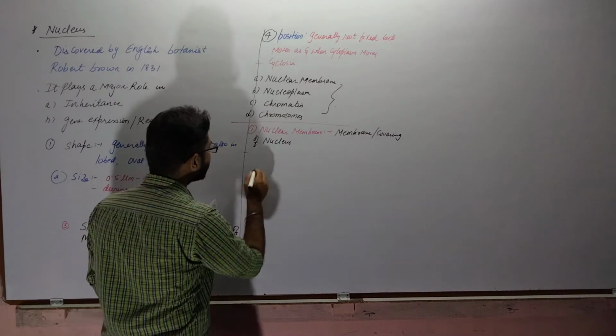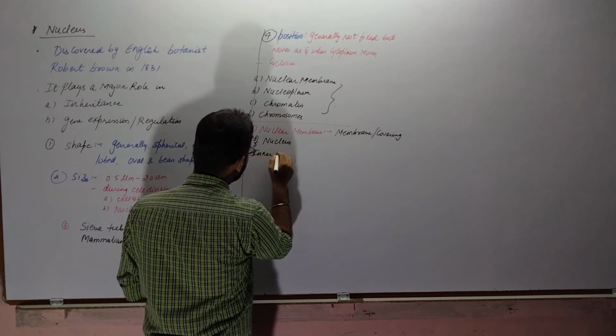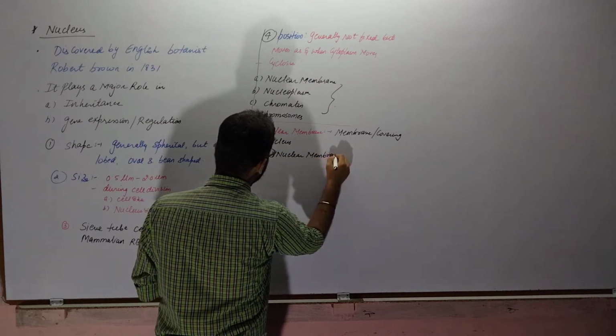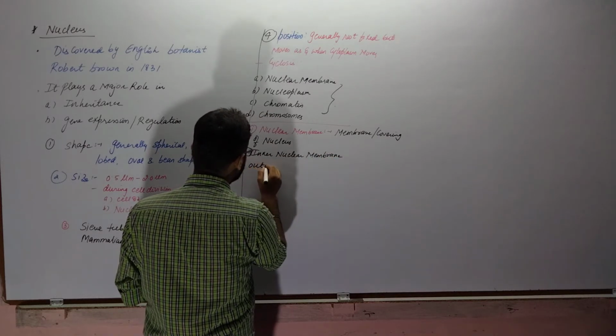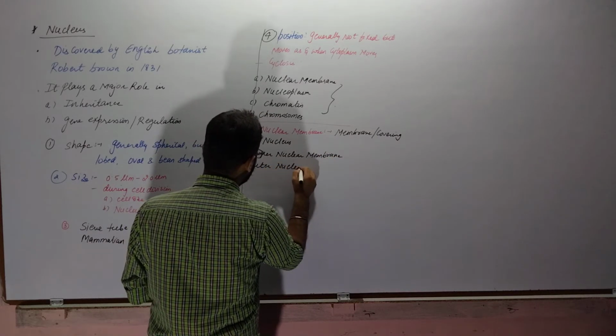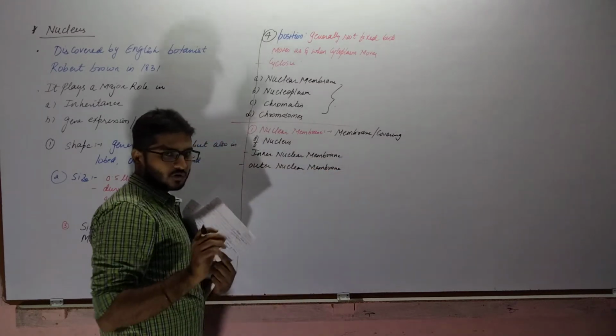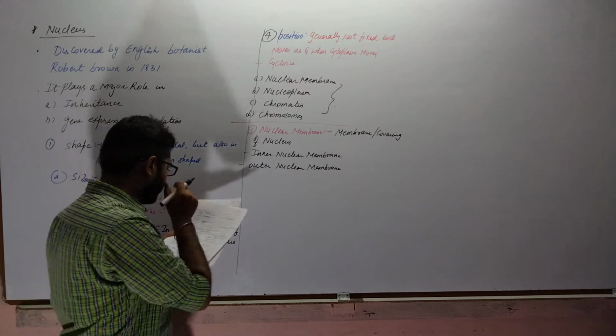Two nuclear membranes are there: there is inner nuclear membrane and there is outer nuclear membrane. Both membranes have their own specific role.